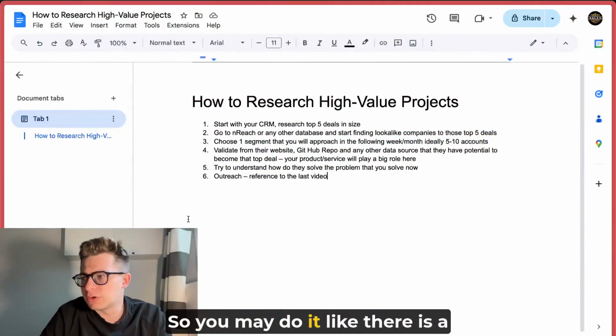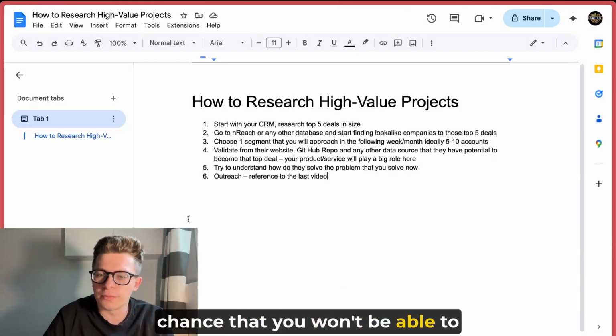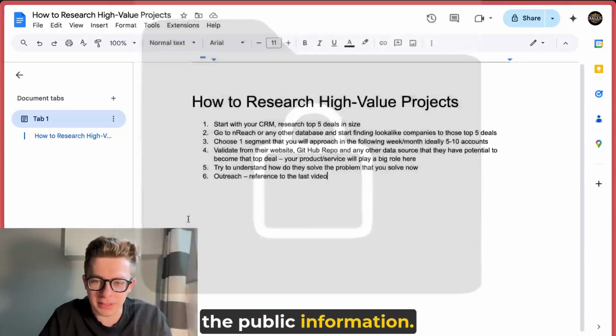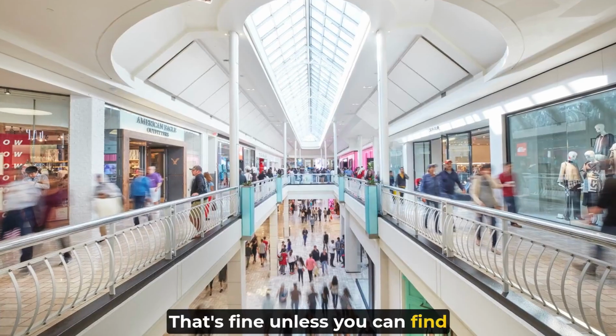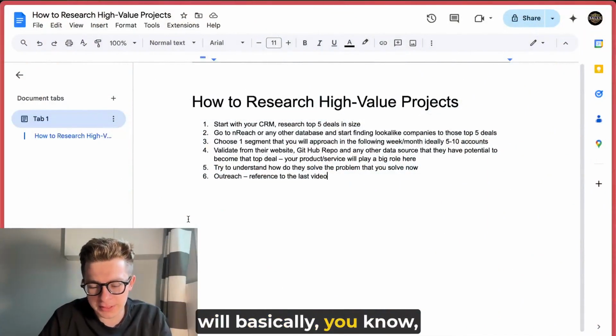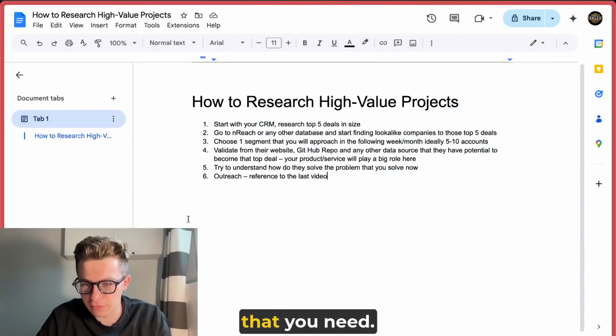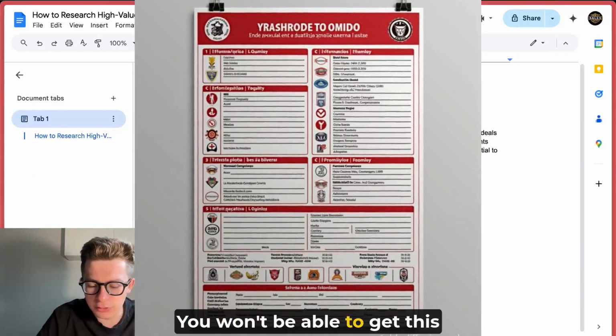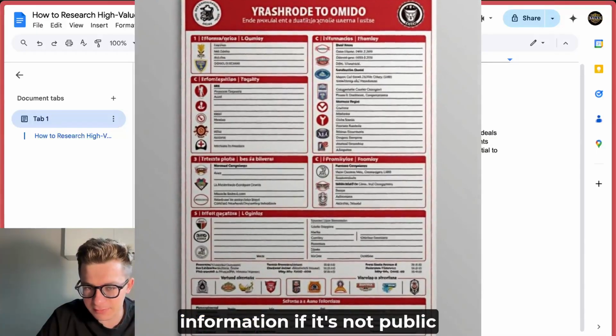There is a chance that you won't be able to do it because this is not public information. That's fine, unless you can find a mole in their company that will give you all the information that you need. You won't be able to get this information if it's not public.